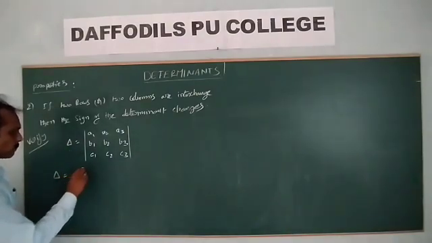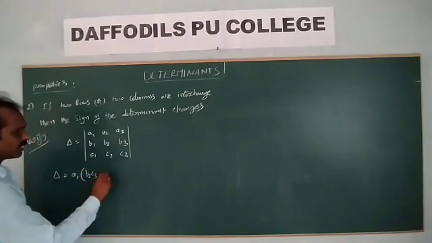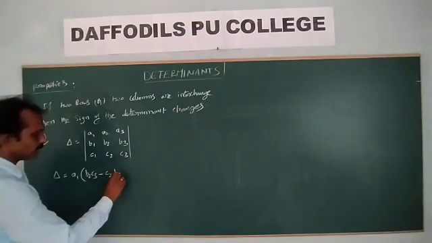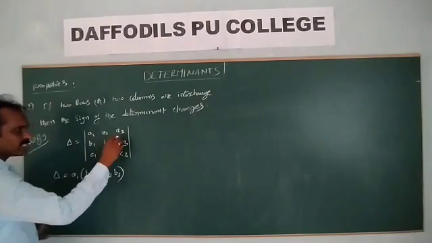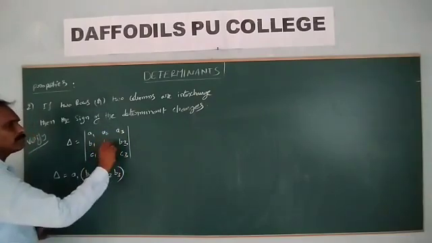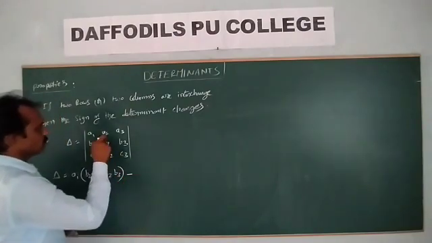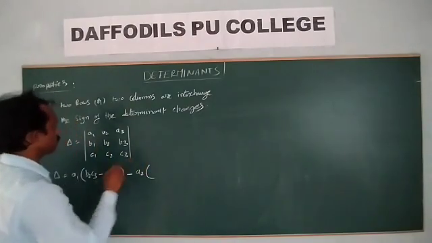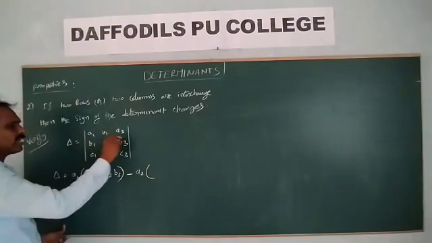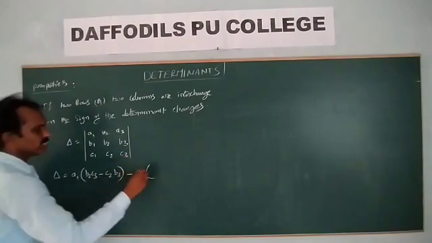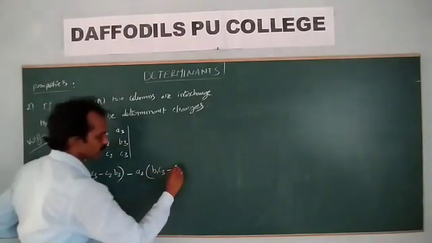Check. A1 of B2 C3 minus C2 B3, deleting the corresponding column and row, the remaining B2 C3 minus C2 B3, minus A2 of, deleting this column and this row, the remaining elements B1 C3 minus C1 B3.